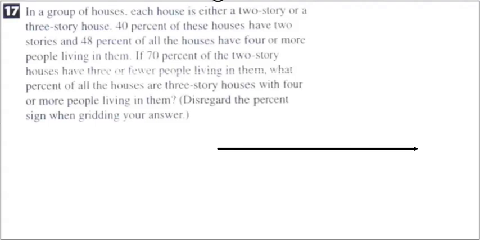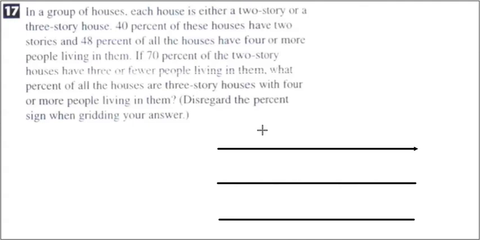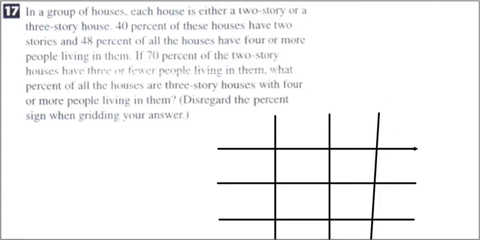1 line, 2 lines, and 3 lines. And here, 1 line, 2 lines, and 3 lines over here. Alright, so we can just fill out the categories as you see fit here. So we have 2 stories or 3 stories.